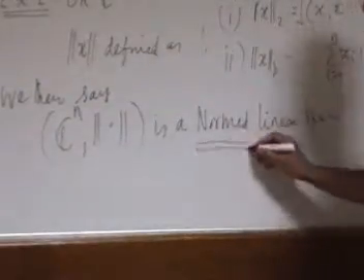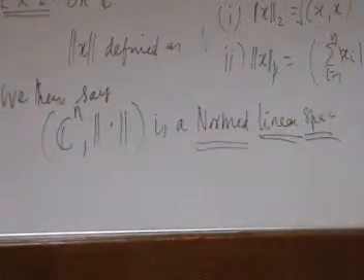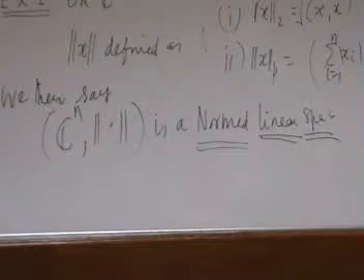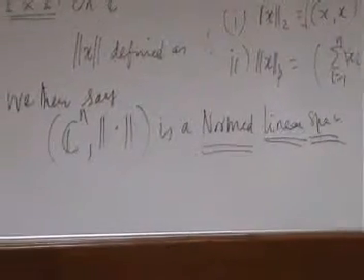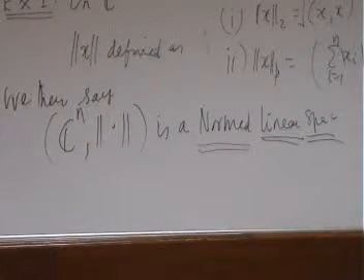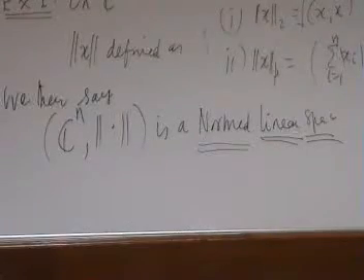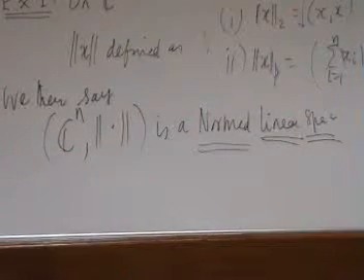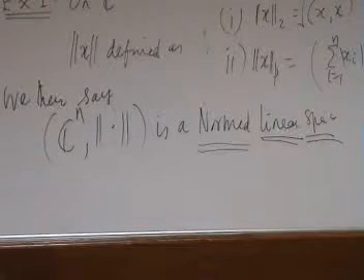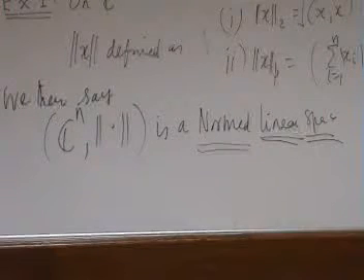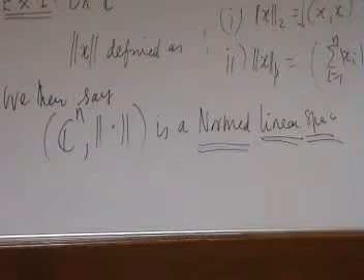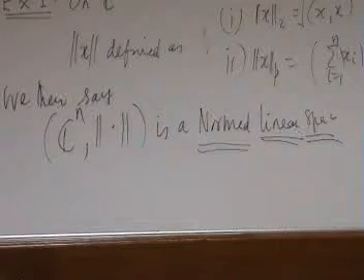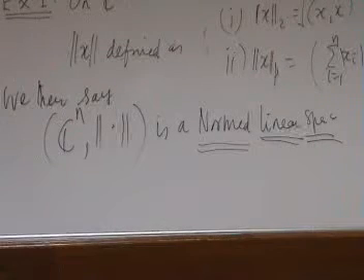First we'll look at only the notion of length. We have not brought in the inner product at all. It so happens that one particular norm has come through an inner product. Other norms have nothing to do with inner product. If you take this norm, this is a normed linear space, but you can take the same vector space with some other p, and that is also a normed linear space.